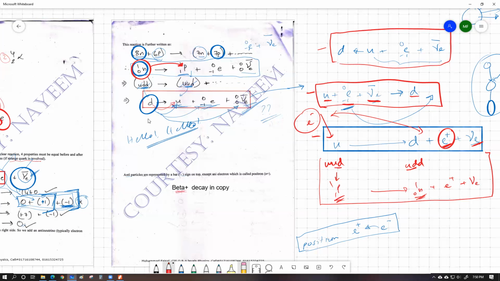Or if I want to place everything on the other side, I can say up quark produces a down quark, releasing a positron and an electron neutrino, and that absorbed electron and the positron annihilate. So the thing can be judged both ways. Both explanations are useful for remembering. Depending upon the question variation, you can use either of these expressions. Understood?